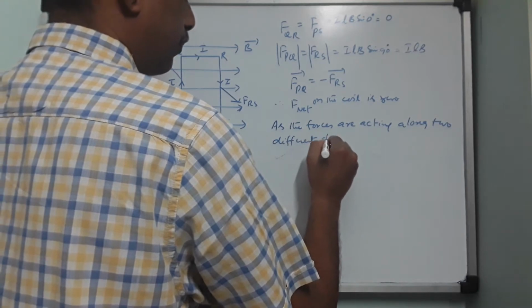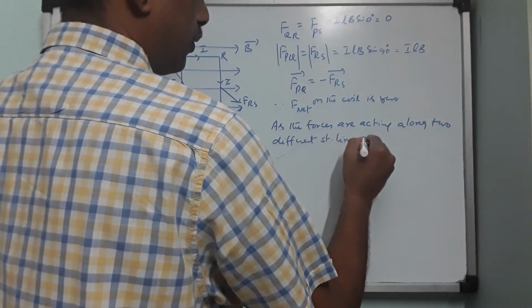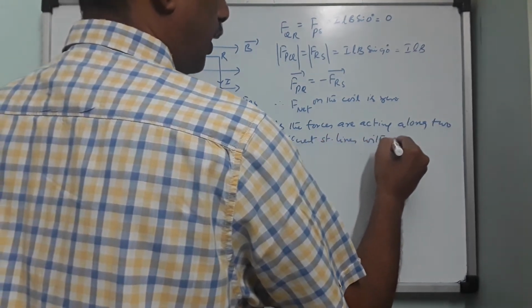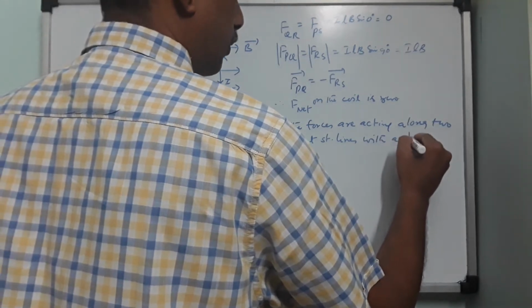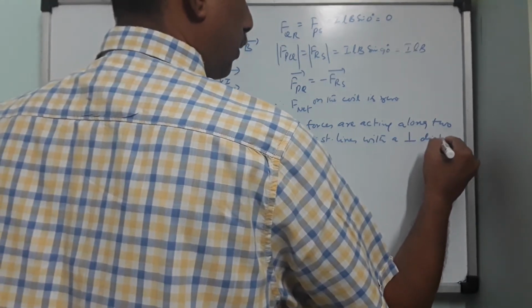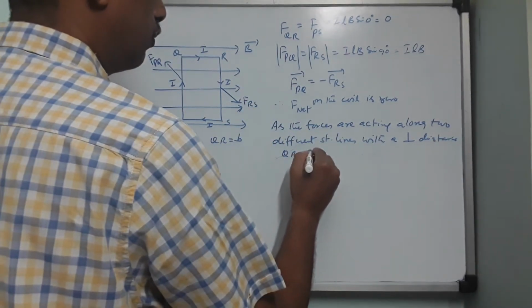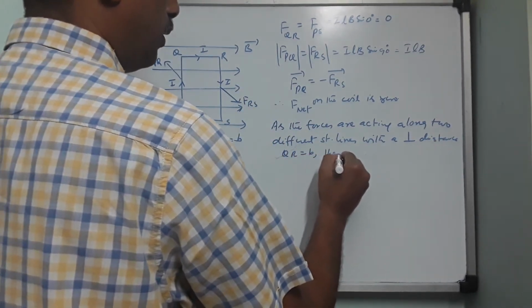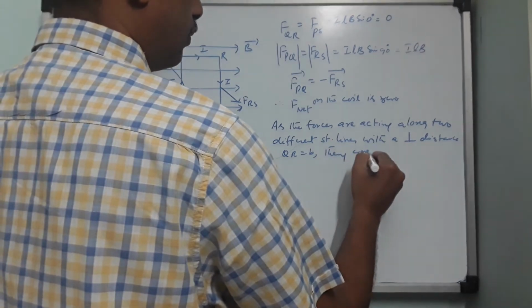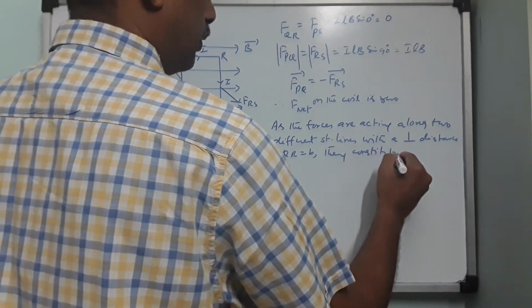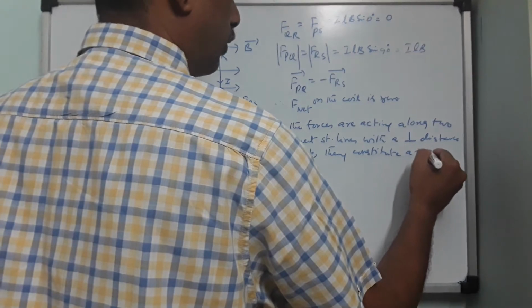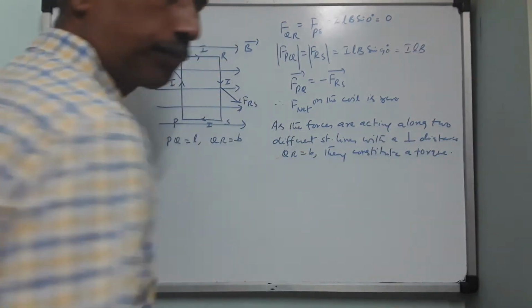with a perpendicular distance, the perpendicular distance QR equals B, they constitute a turning effect known as torque.